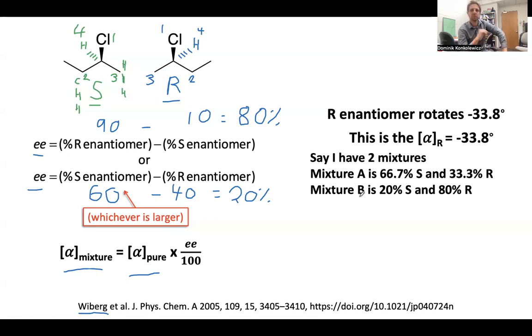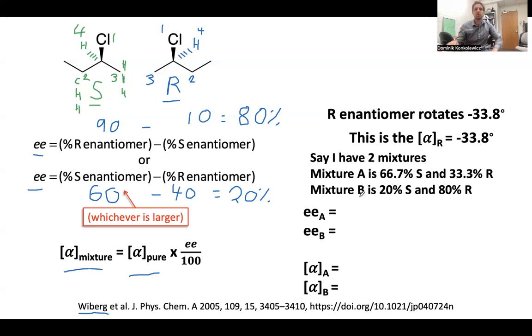So mixture A is 66.7% S, and the remainder is R, so 33.3% R. And mixture B is the other way around, so it's 20% S and 80% R. So how do we calculate first the enantiomeric excess, and then second, the rotation we would observe in these mixtures?